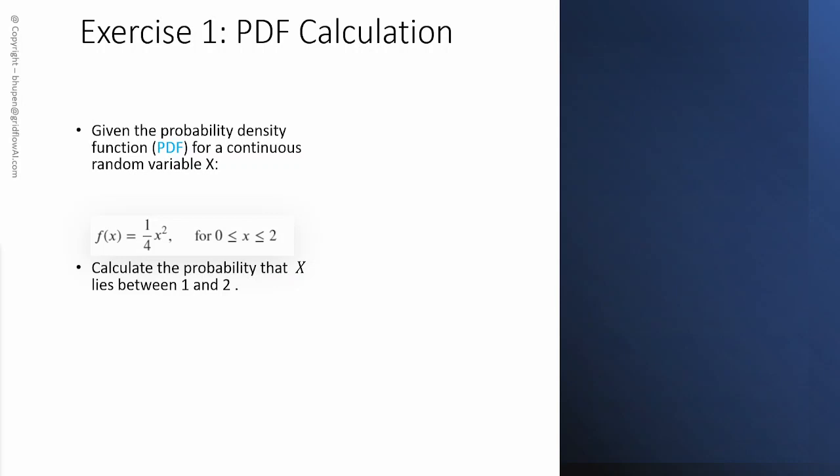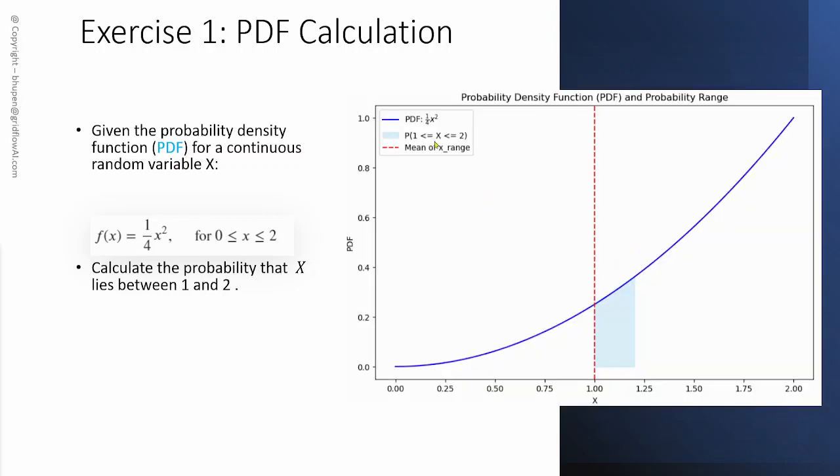Essentially, we need to find the area under the curve over the range of 1 and 2. So this is the function, and we are interested in this range, 1 and 2, and the area is the light shaded region. We need to compute that probability.